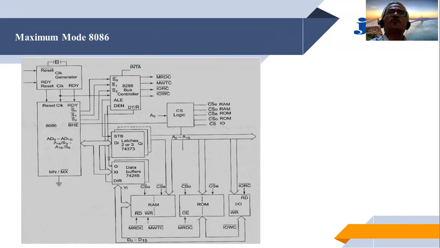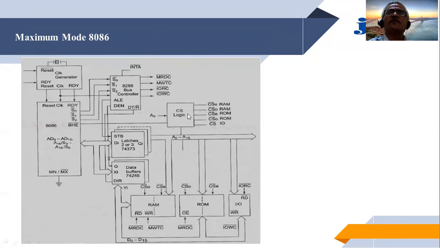And these three control status signals provide at the output of the 8288 different control signals. These are INTA bar, memory read, memory write, IO read, IO write, etc.